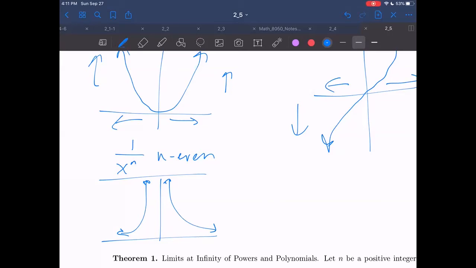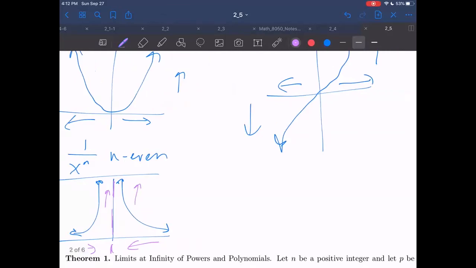Well, this one's not really an example of that one, but as x approaches 0, then our function goes towards infinity, and as it approaches 0 from the left, we also go off towards infinity. But you can see the difference there. Here we are approaching a number for it to blow up.